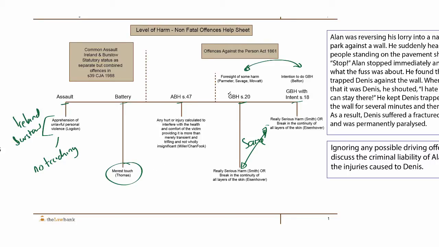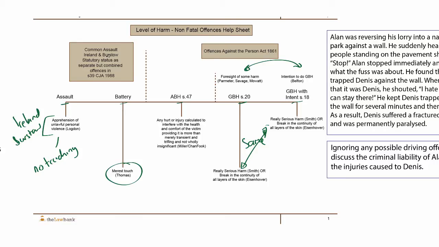Of course, without teaching you to suck eggs, the mens rea element for GBH section 20 is a foresight of some harm, whereas the GBH with intent section 18 is the intention to do grievous bodily harm. So a specific intent to do grievous bodily harm or a foresight of some harm. But the level of harm is the same.